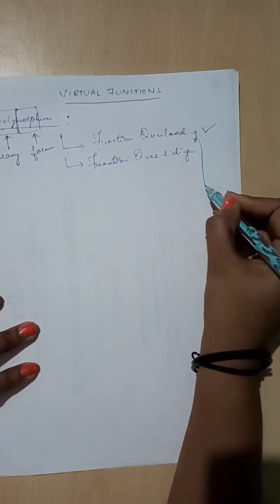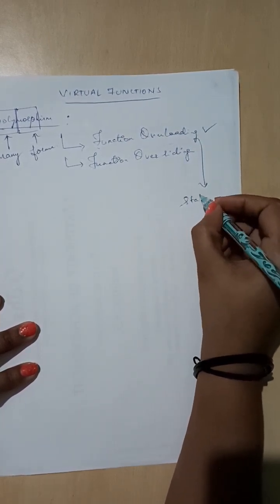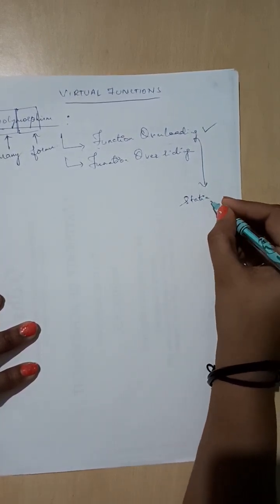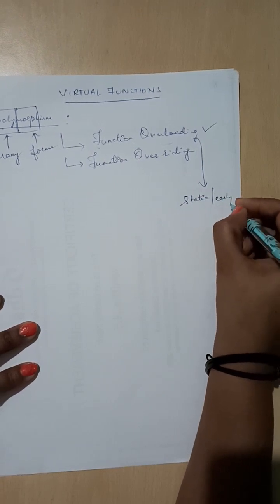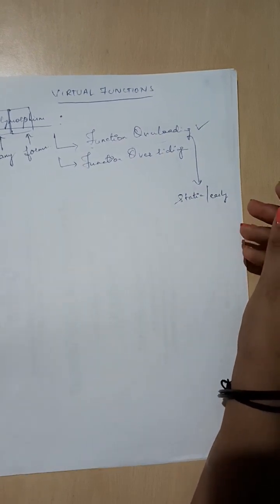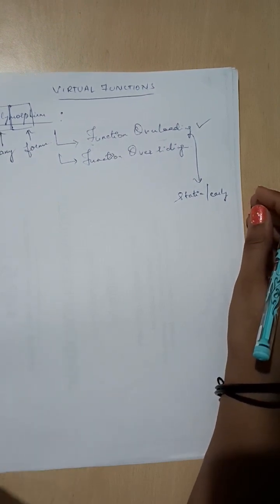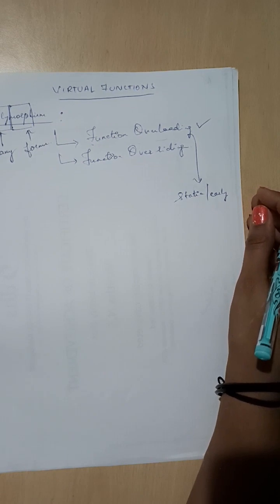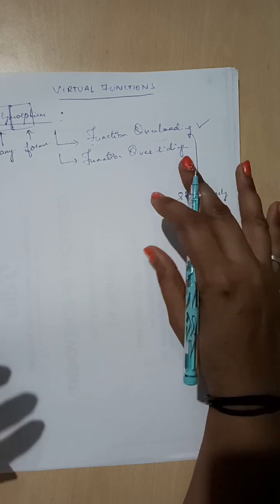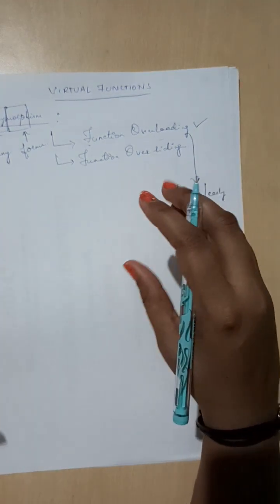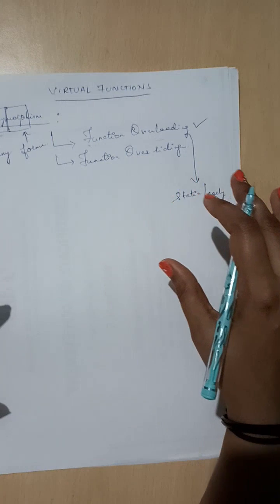The function overloading can also be termed as static binding or early binding, because the compiler comes to know which call statement to be linked to which function body during the compile time based on the number of arguments or the type of arguments.